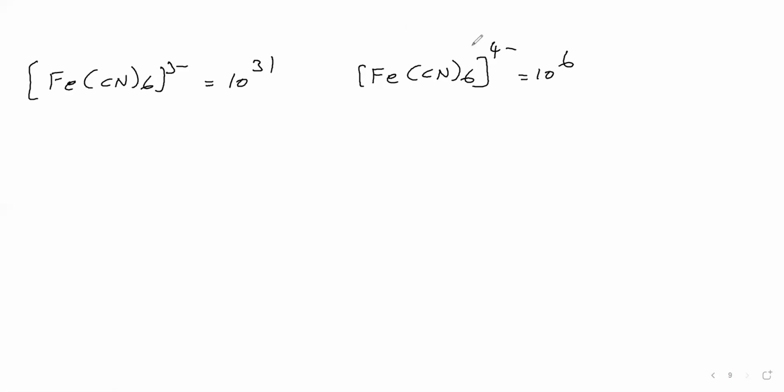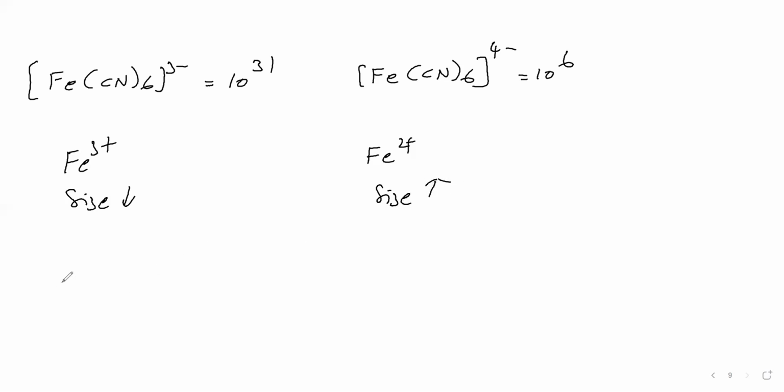For this one stability is high, and for this one stability is low. Why? Here Fe3+ is present, and its size is low compared to Fe2+, whose size is high. Small size means strong attraction with the ligand, therefore stability is high. Less attraction with the ligand means stability is low.